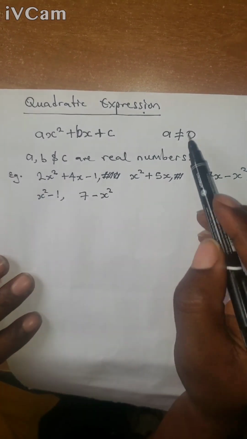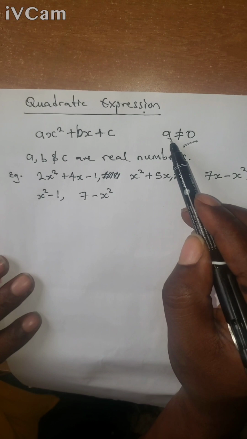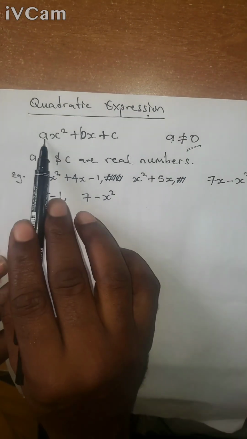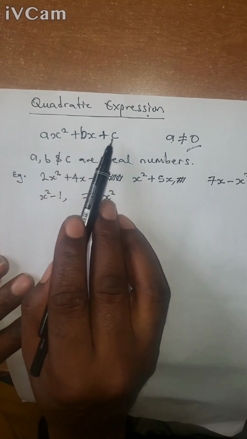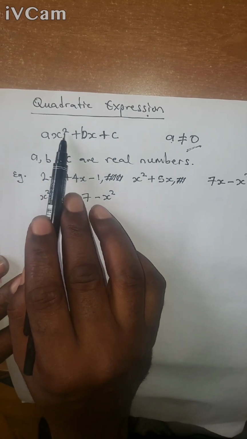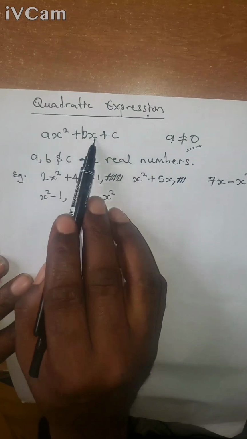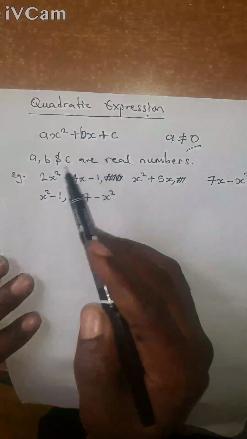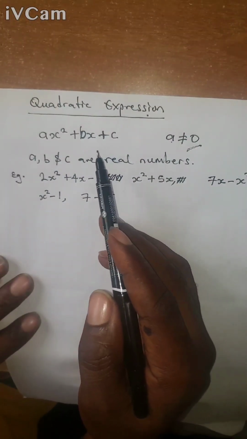That is the reason for a not equal to 0. So a cannot be 0. A is a number, b is a number, c is a number. A is the coefficient of s squared, b is the coefficient of s, while c is a constant, but they are all real numbers.